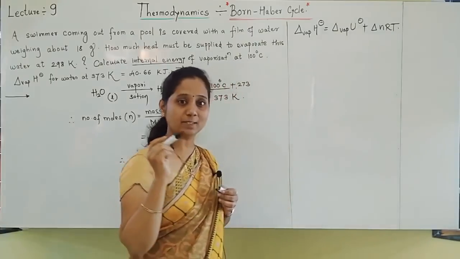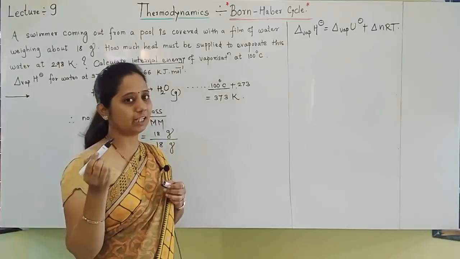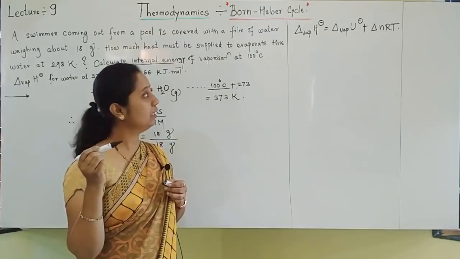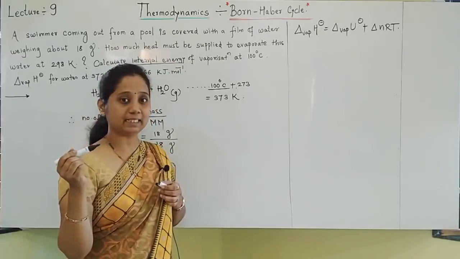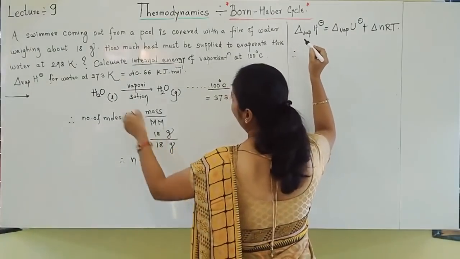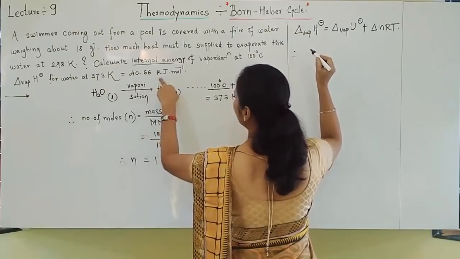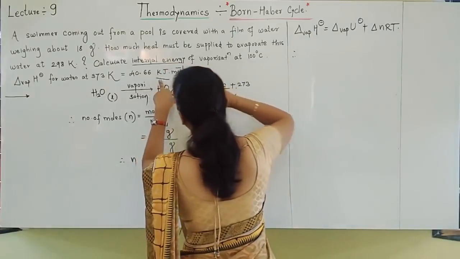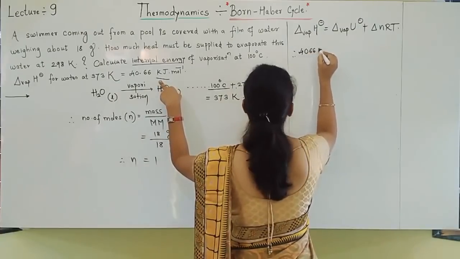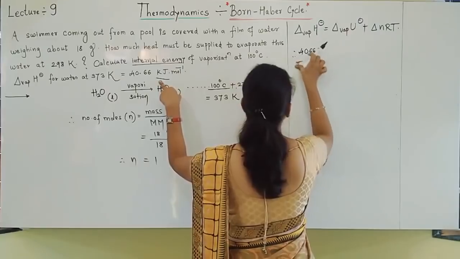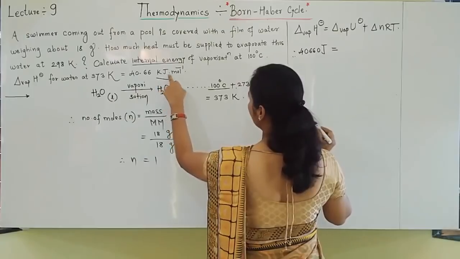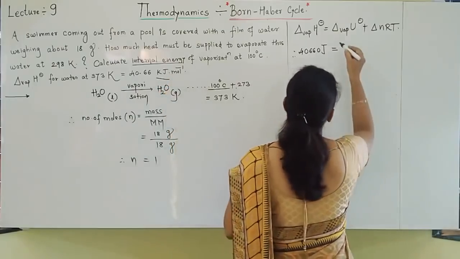We derived two formulas when I taught you changing enthalpy. Delta H is equal to delta U plus P delta V, or delta H is equal to delta U plus delta nRT. So let us write the values now. The vaporization value is given, but it is given in kilojoules. Friends, see here correctly: kilojoules given. Convert into joules by multiplying by 1000.